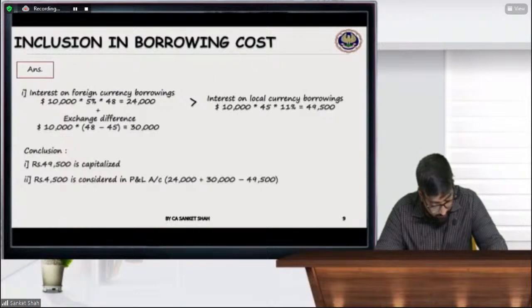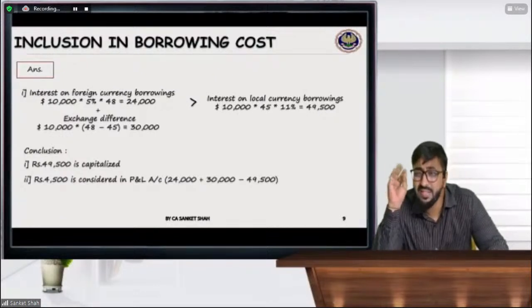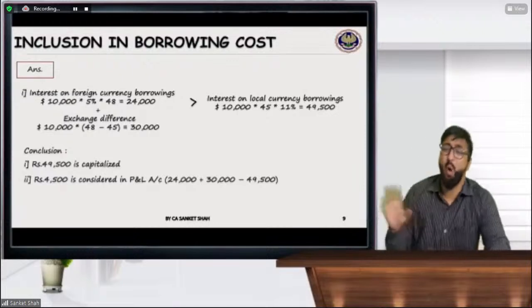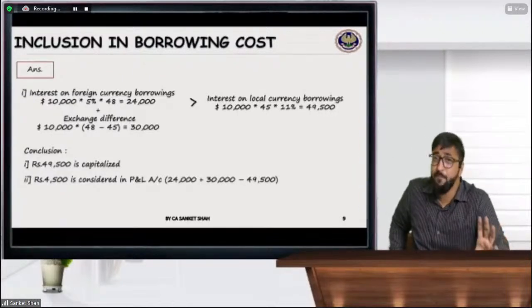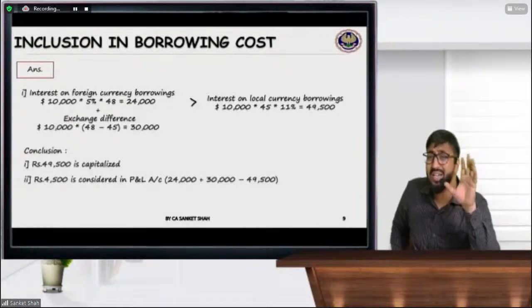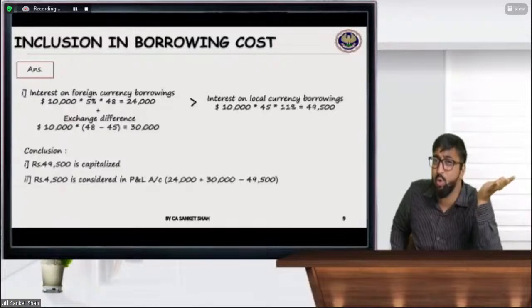Yes beta, लोन के ऊपर कोई फर्क नहीं. See, S16 is not talking about from where you should take a loan. This is not your finance decision. S16, देखो, accounting and financial management both are different subjects. In financial management, you have to do planning. Accounting standard is not talking about whether to take a loan from outside India or from India.